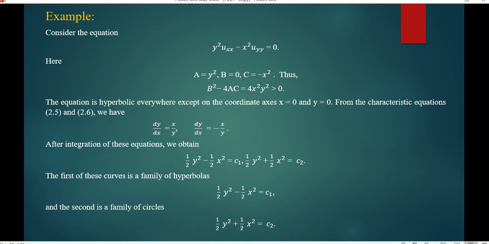From the characteristic equation, we have dy by dx equal to x by y and dy by dx equal to minus x by y. So we have these two equations, which are represented by C1 and C2, and these are the curves in a family of hyperbola.